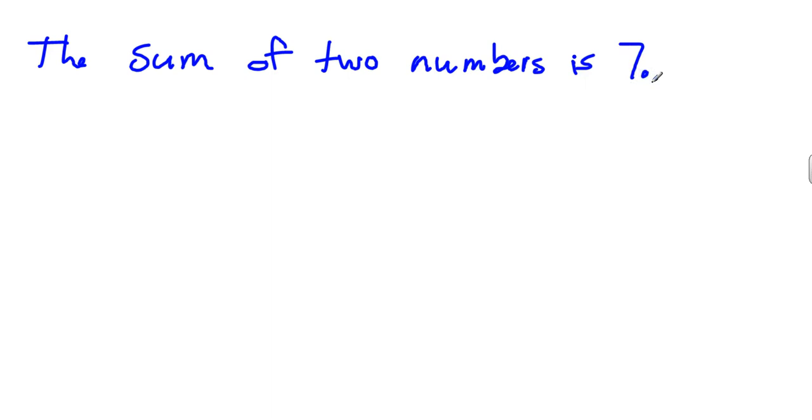Okay, the sum of two numbers is 7. I'm going to cheat just a little bit. We want to write these in two different colors so we can see the two different equations.